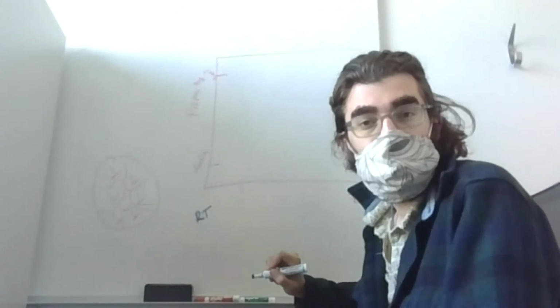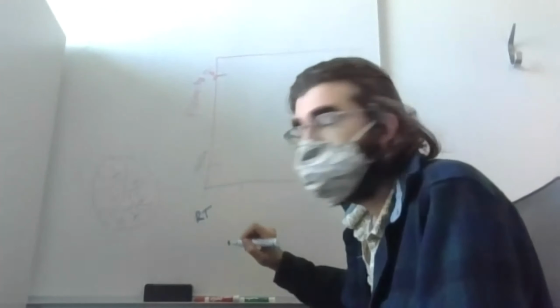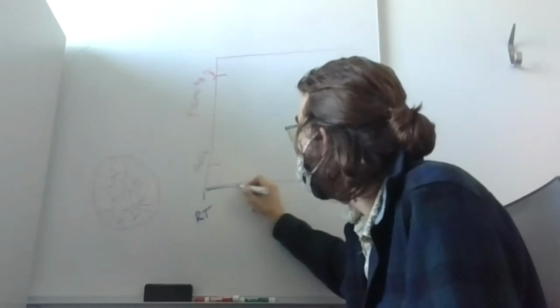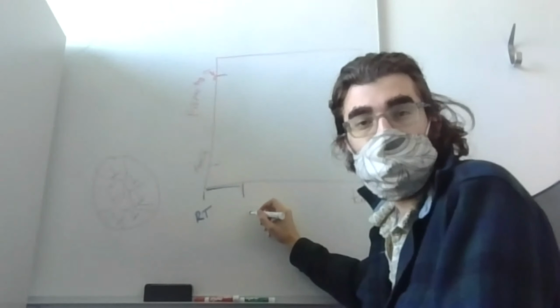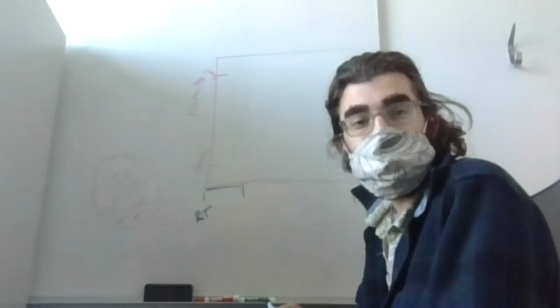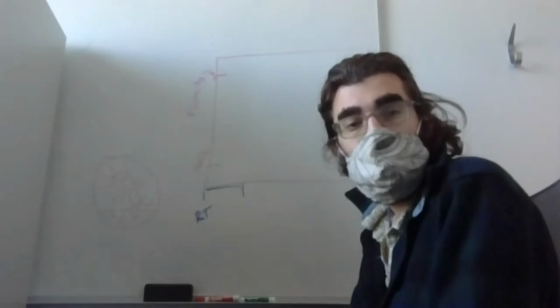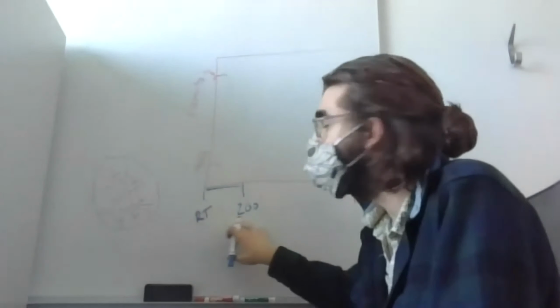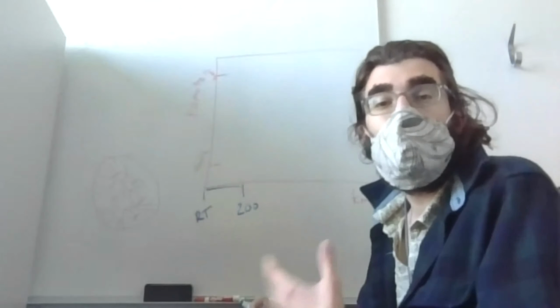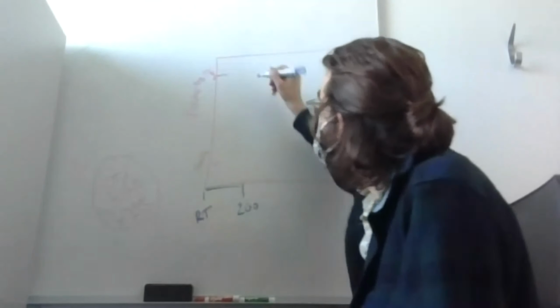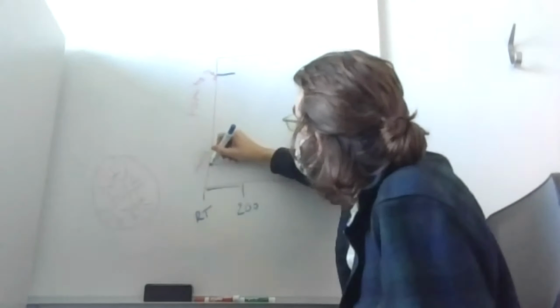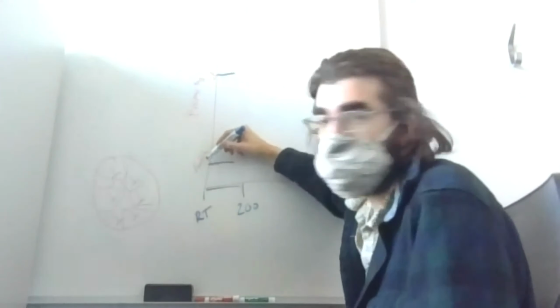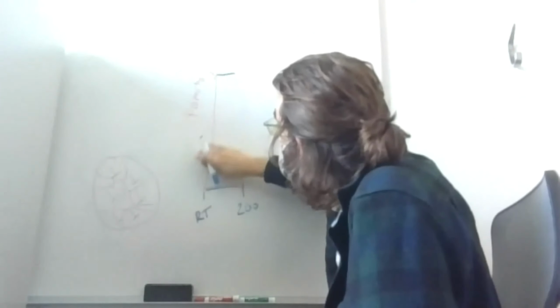Is that better? Okay, I think that's better. So as we begin to heat up the sample to maybe about 200 degrees Celsius, that's still very low in terms of metals, right? And so what we will see is we won't see a big change in our ductility.